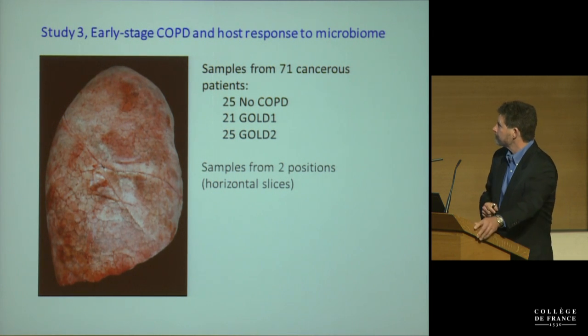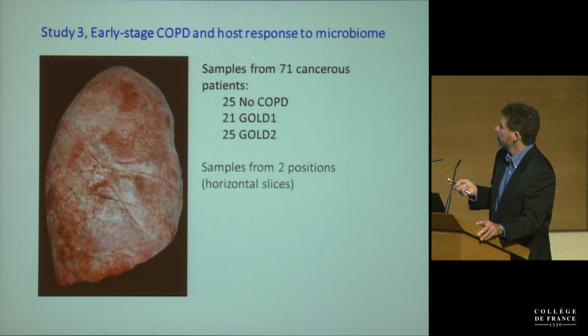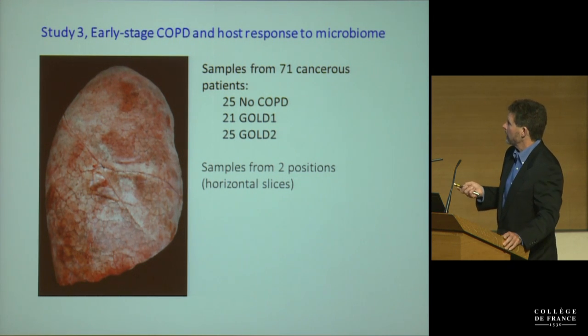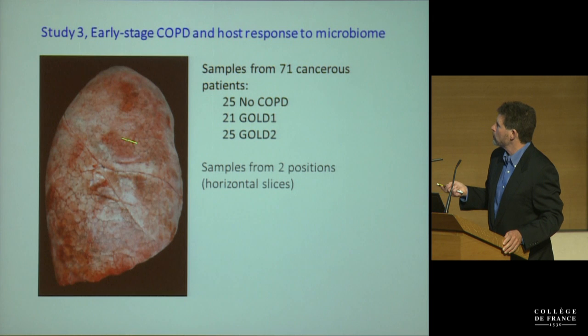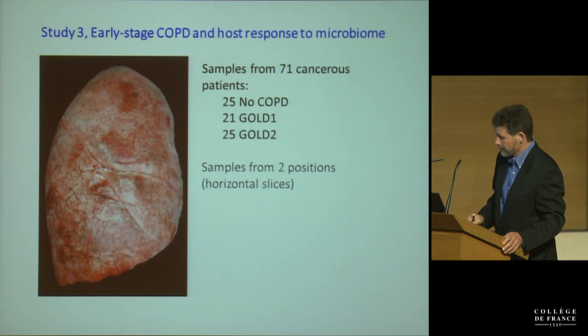Okay, and finally, I want to show some additional data from samples looking at early stage COPD. And so here we have an additional sample set from controls and the first two stages of COPD, GOLD 1 and GOLD 2. And in this case, each of these lungs had two cores from two different positions.